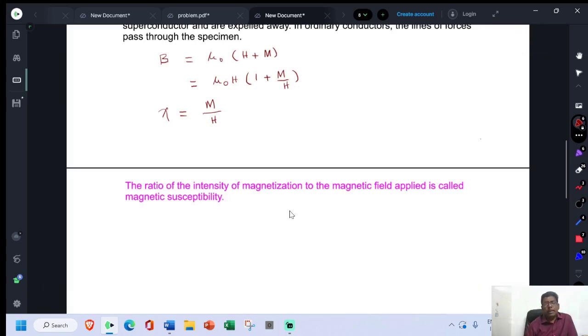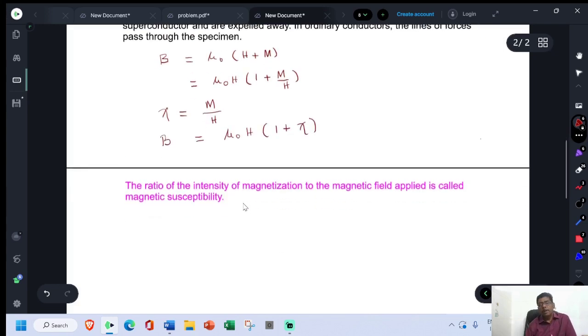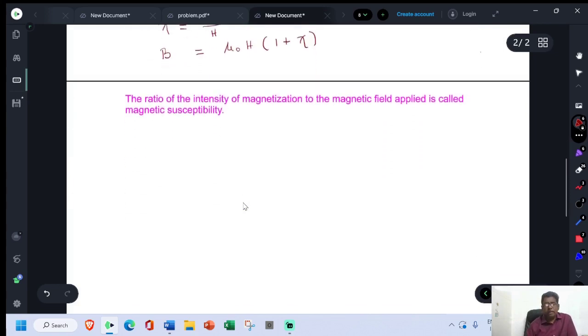Therefore, the magnetic field B equal to mu naught H into 1 plus chi. According to Meissner, B equal to 0.